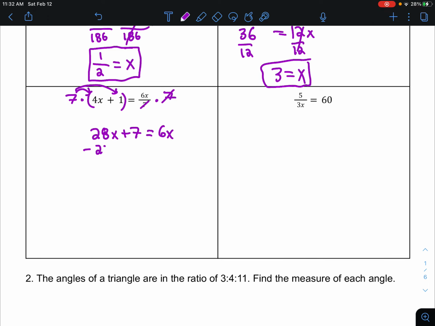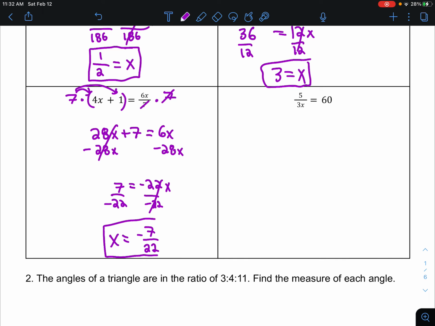So I'm going to subtract 28x from both sides, and I get 7 equals -22x. Divide by -22, and we will leave it as x equals -7/22, an exact answer. Because 7 and 22 have no common factors, we cannot further reduce this proportion.